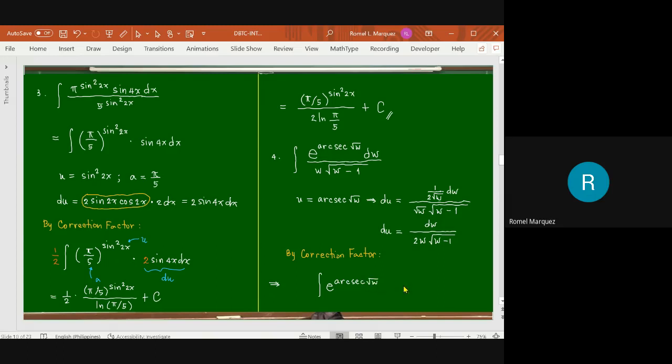Times what? What is potential du? dw over w square root of w minus 1.